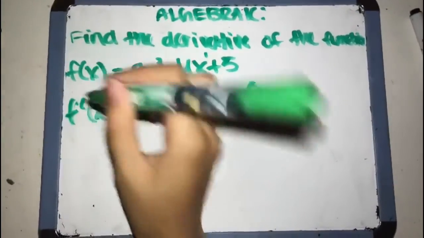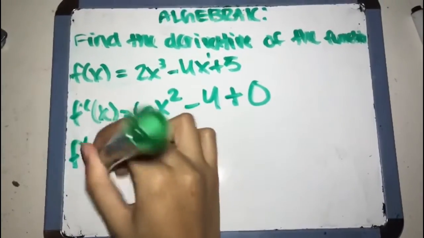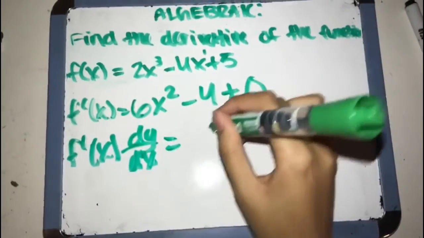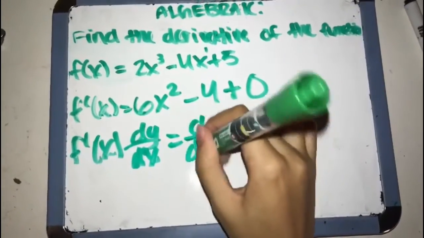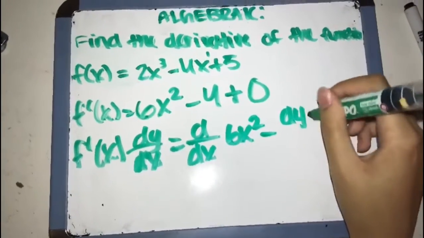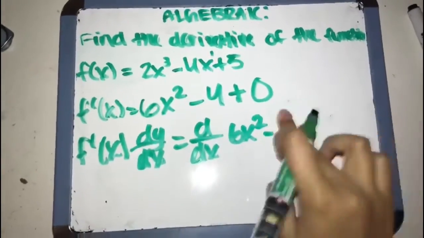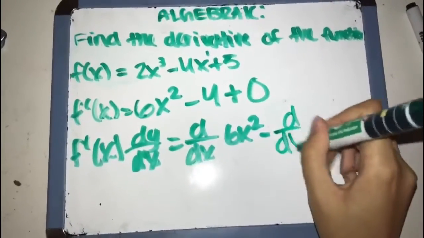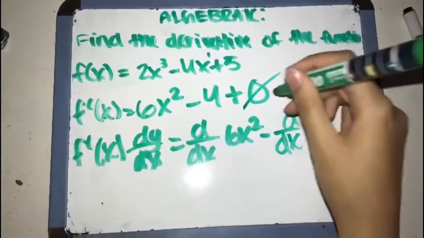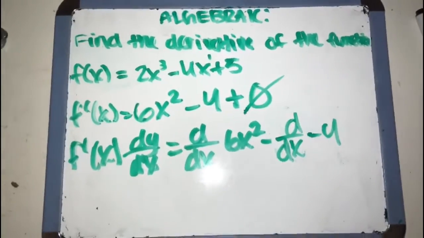Now, using the derivative, we will use f prime of x, dy over dx equals d over dx of 3x squared minus 4, and we don't have to put 0 because it's already 0 and it won't matter in that case.